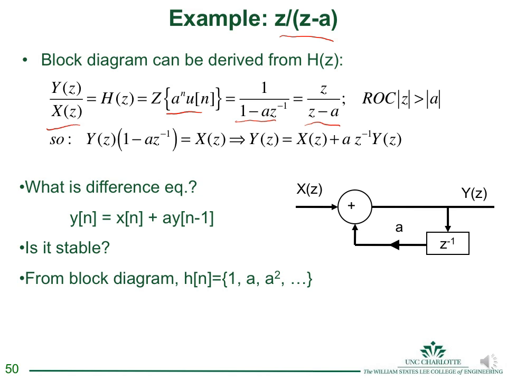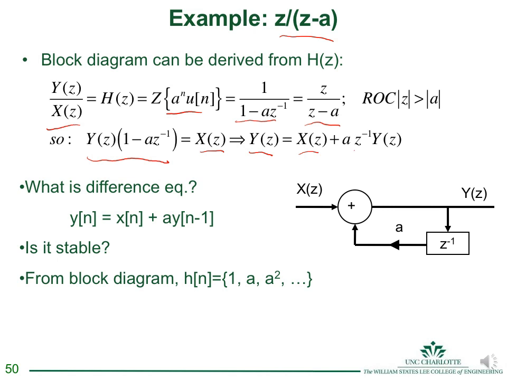And so since h of z is y over x, that would mean y of z times 1 minus a z to the minus 1 equals x of z, or y of z equals x of z plus a z to the minus 1 y of z. Well, we just draw an input and an output, x and y.